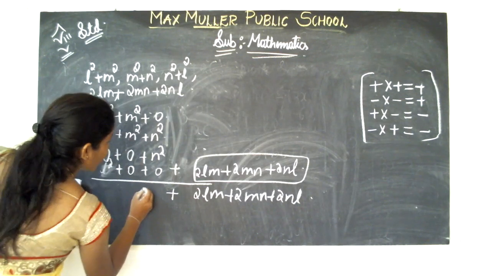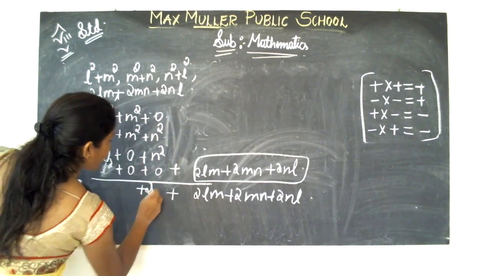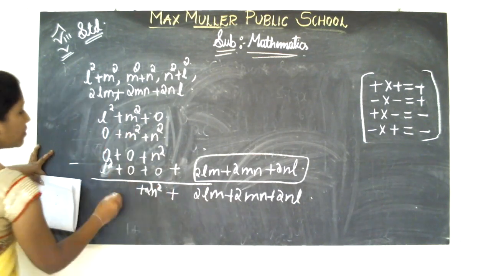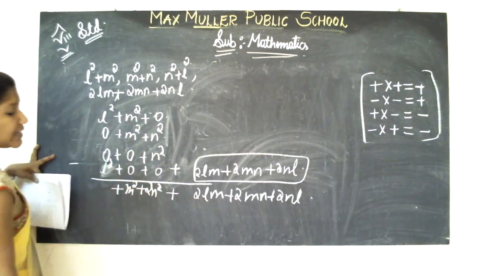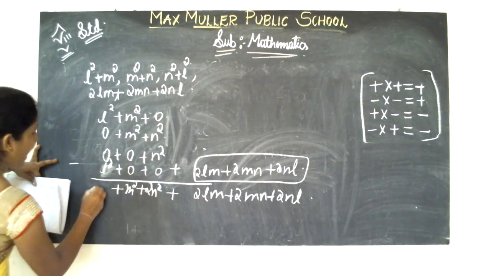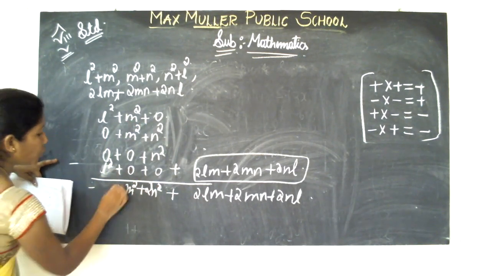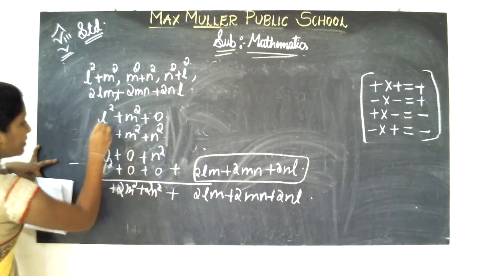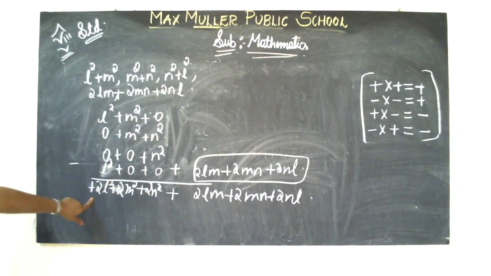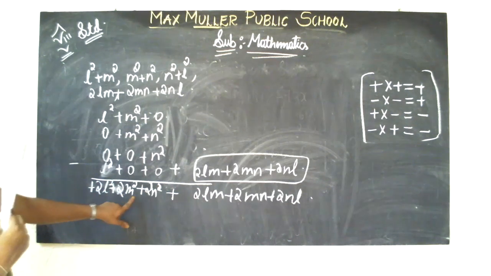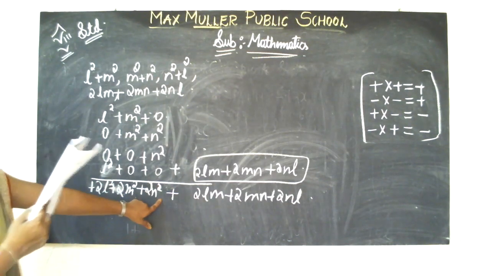So here your answer will be plus 2N square, is it not? And then both are positive here also, so it is plus 2M square, and here plus 2L square. So you got plus 2L square plus 2M square plus 2N square.